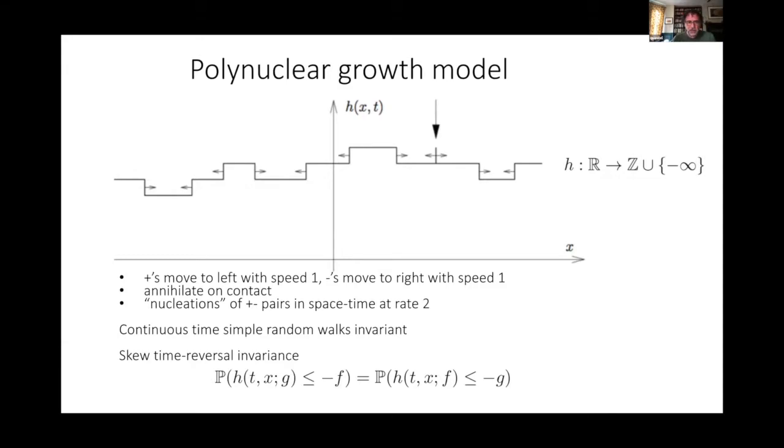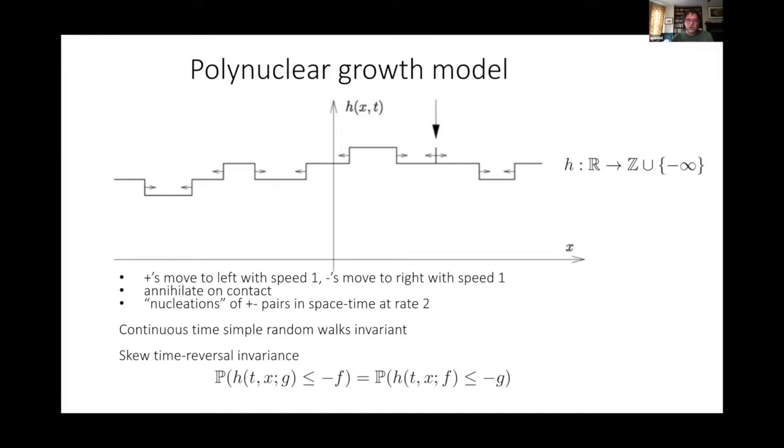It also has this special skew time reversal invariance property that, looking at this formula, may not be so easy to tell what it means. It says that, so H(t,x; g) just means the height function at position x and time t, where the initial condition was g. And the event that it's less than or equal to some function minus f, meaning less than or equal for every x, is the same thing as just starting with f and running the same thing and asking if it's less than or equal to minus g.